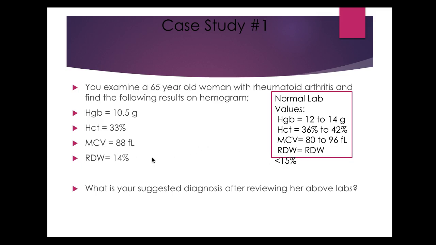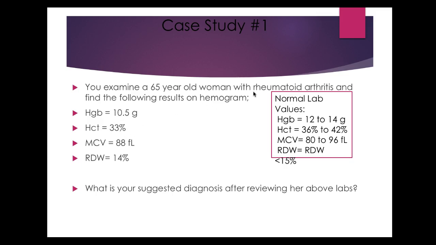So let's think about this. This MCV is not microcytic. If it was microcytic, it would be lower than 80. That would say iron deficient. The RDW, if it was high, you'd think iron deficient. So, okay, it's not that. And this MCV is not elevated to say, okay, she has a B12 or folate deficiency. So really she's just showing this.